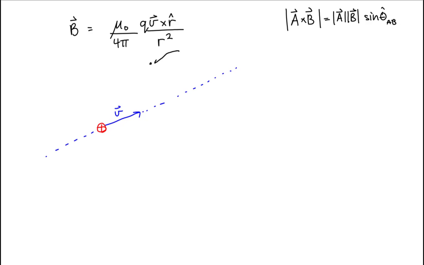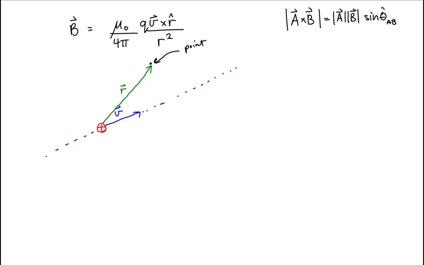So here's the point of evaluation. Now, in order to evaluate that, we're going to need to know the relative position of that point to the location of our source charge. So we will indicate that with this vector right here. This vector is the relative position of the point at which we are evaluating to our source charge.